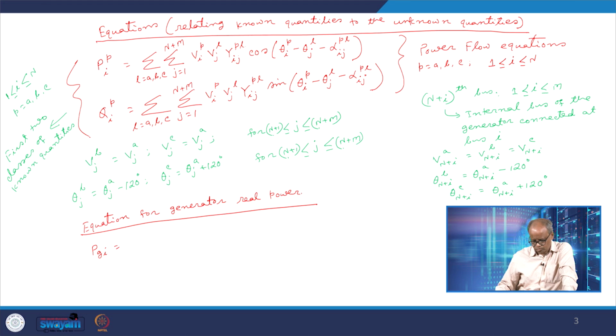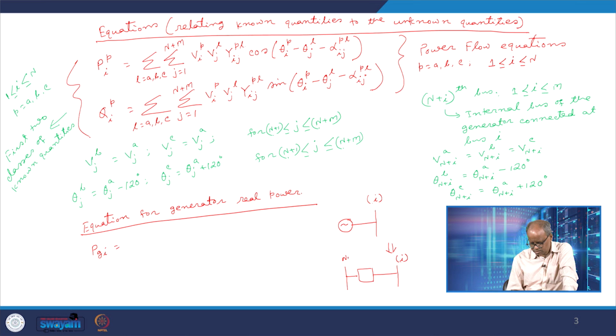So, for example, if I have a bus I and if I have a generator connected at bus I in my original system, and then we consider an internal bus. So, this is bus I, and in between, this is an internal bus.